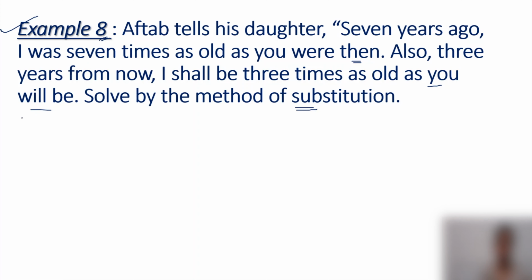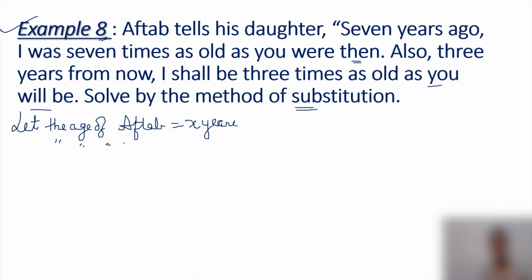Let's try to solve. Very first, whatever we need to find, we will suppose it with variables. Let the age of Aftab is equal to x years. Age of his daughter is equal to y years.